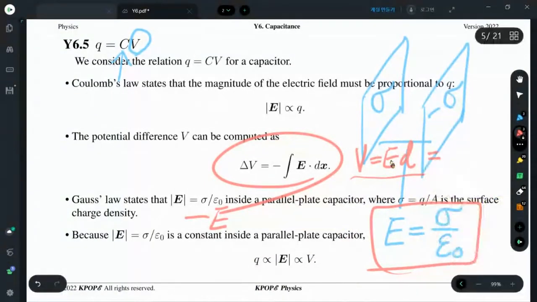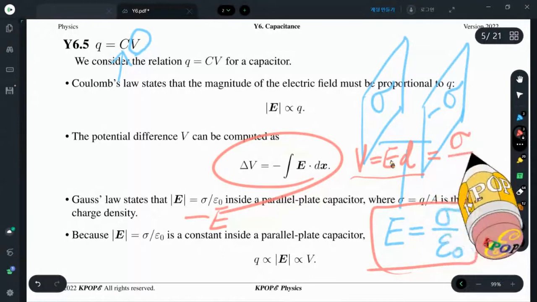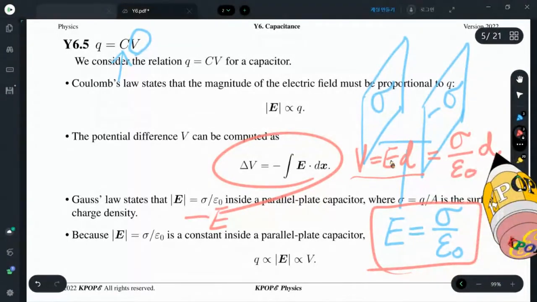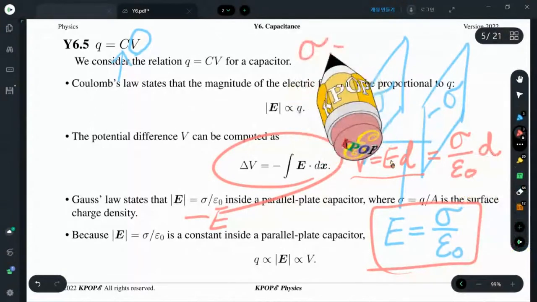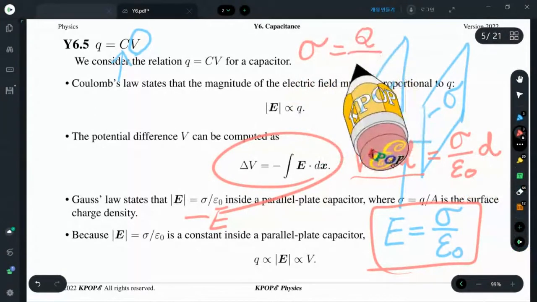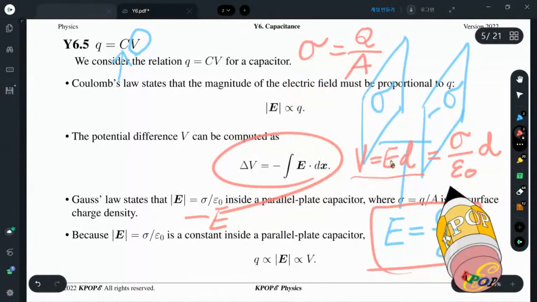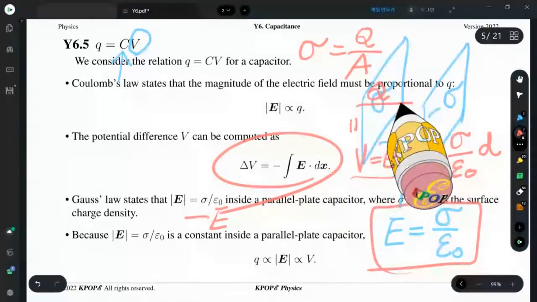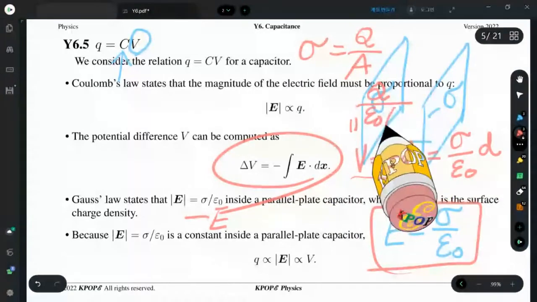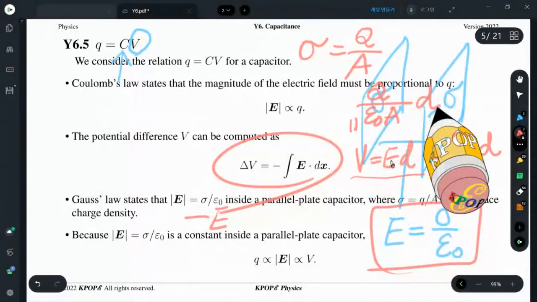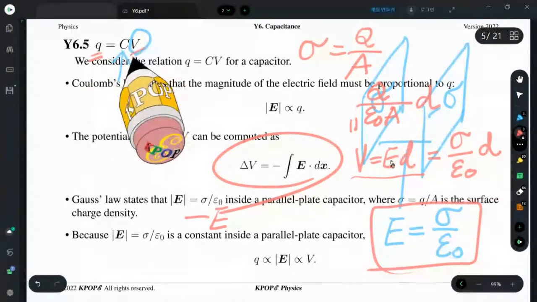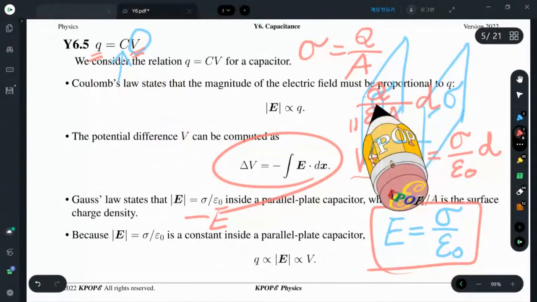And we know E is sigma over epsilon 0, times d. What is sigma? Sigma is charge per area. Replace this one. That means this is charge Q over epsilon 0 A, times d. We have reached the point that Q equals something times V. What should I do?